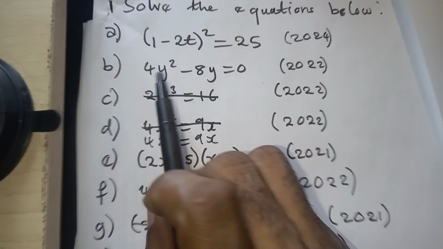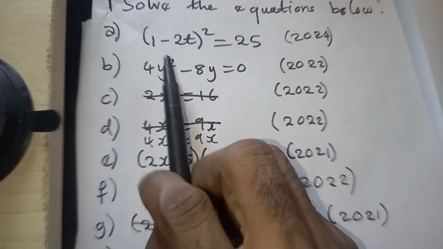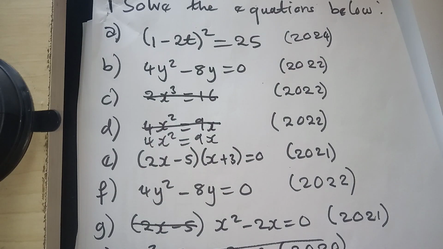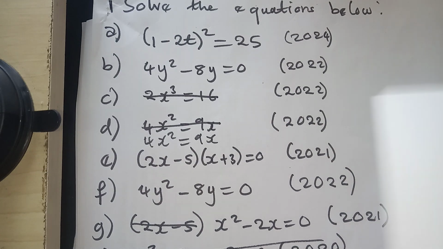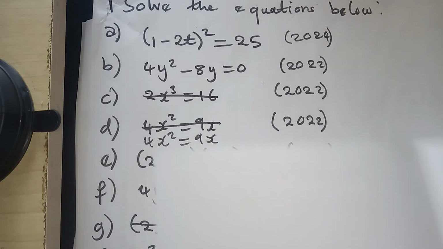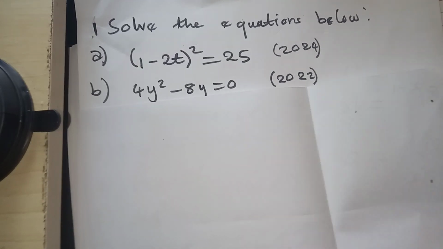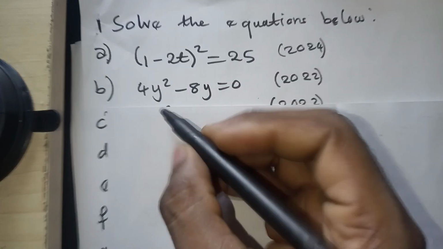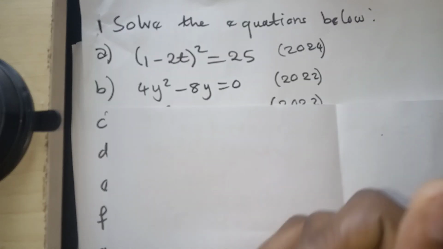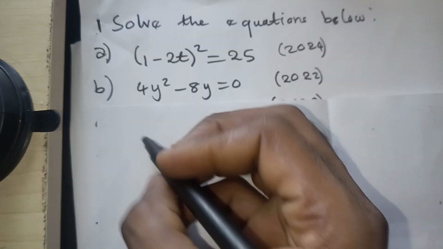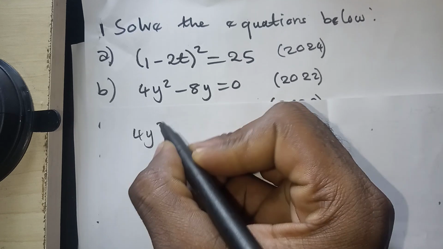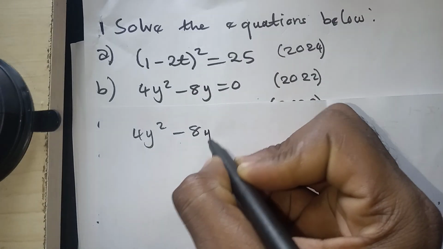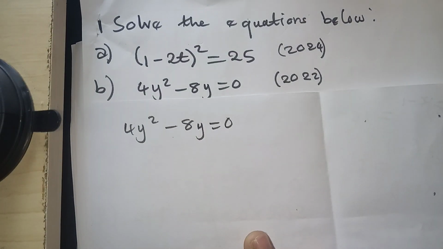So let's start with part B. Part A has a different concept. This one is known as the completing the square method, unless you want to expand it and use different methods. So I want to apply what I've just talked about in the introduction. We have 4y squared minus 8y is equal to 0.